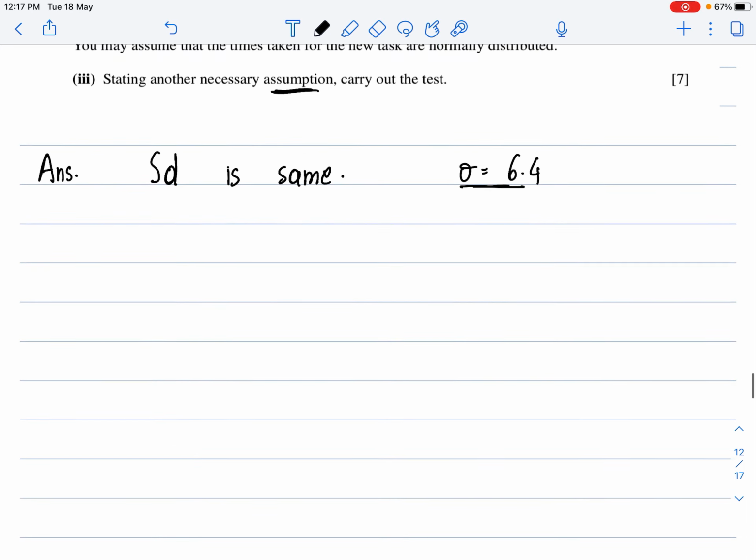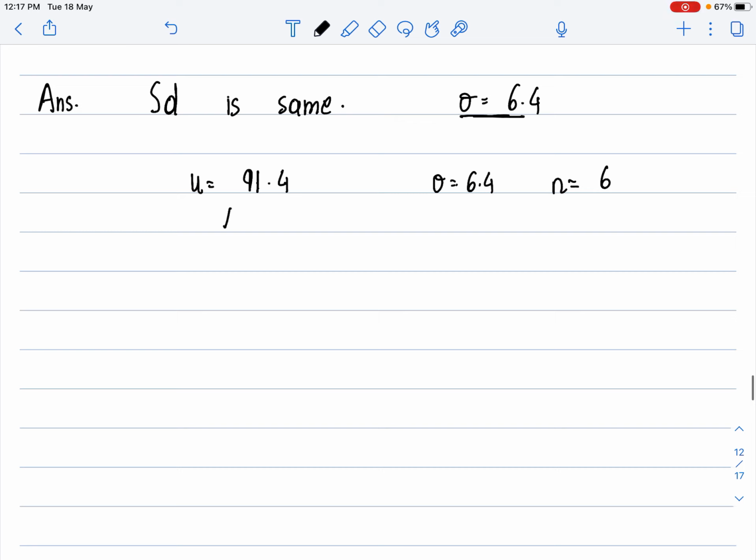Now you carry out the test. First write everything. You know your mean is 91.4, your standard deviation is 6.4, and the number of people you are taking is 6. But what is your test value?